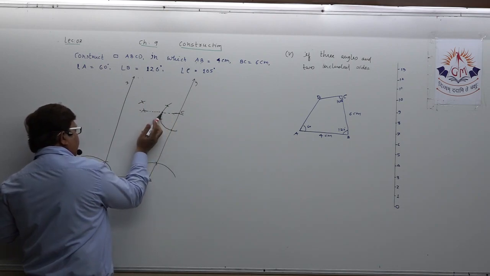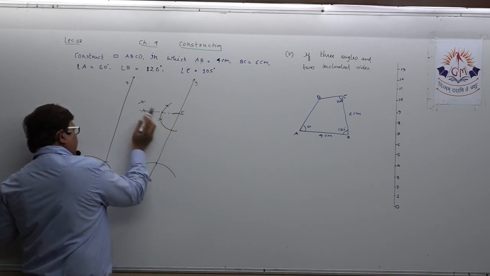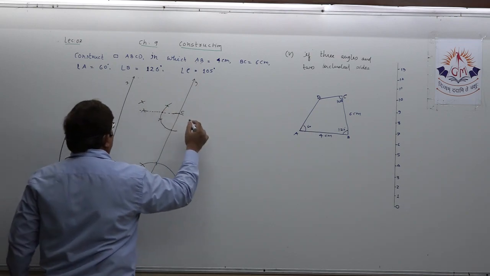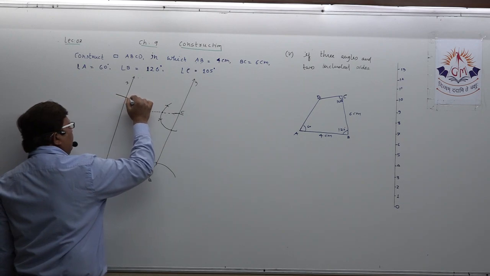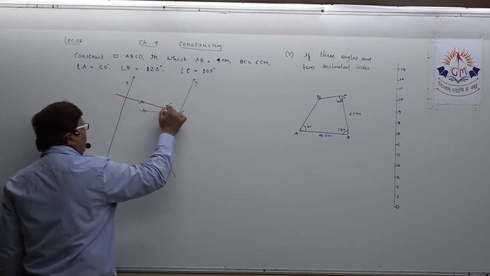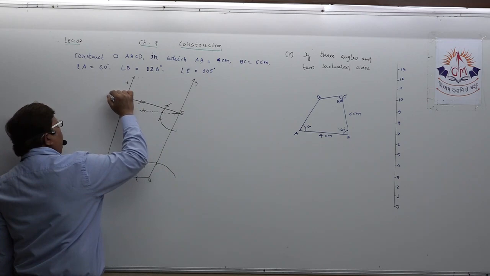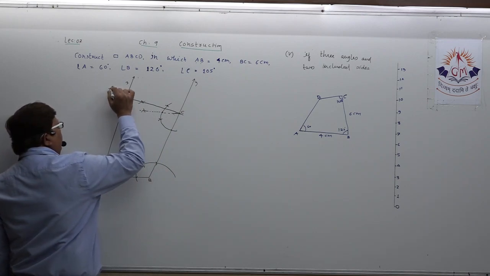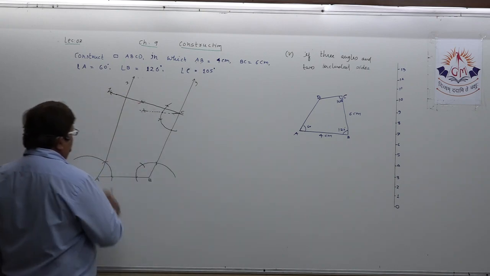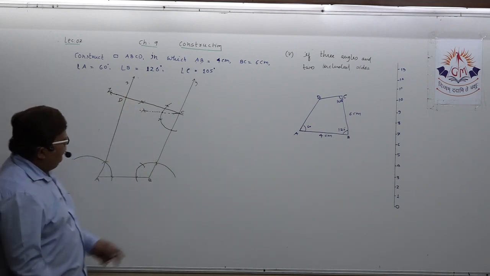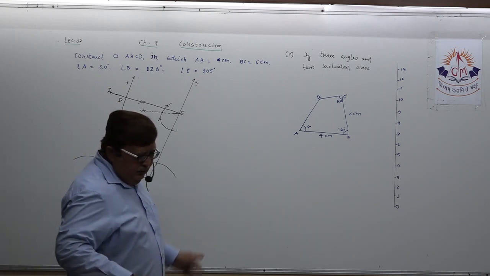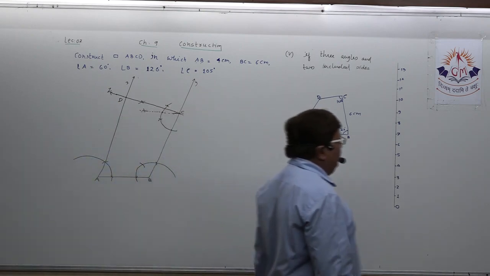Please understand, dear student, one from 90 and one from 120, and then you just draw a ray passing through that. You may call it ray CZ, where it intersects this ray AX, that will be the intersection point D. So dear student, this way we have completed the construction.